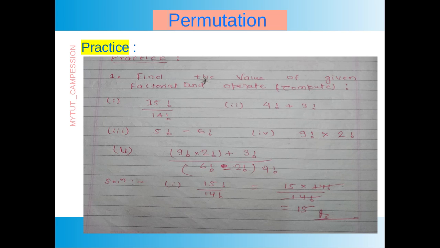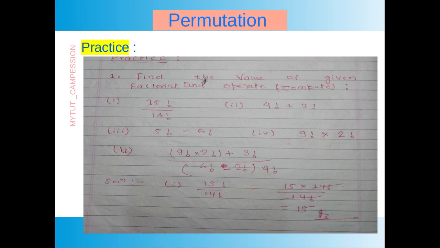Now here is a question for your practice. Find the value of the given factorials and operate. Here are given some factorials and operations of factorials. First question is 15 factorial divided by 14 factorial. Second question is 4 factorial plus 3 factorial.